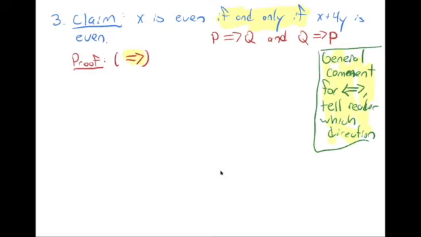So in this statement, we're going to start by supposing P if we're going to do this with direct proof, and then hopefully get to statement Q. So let's start, by direct proof, we're going to suppose that statement P is true.